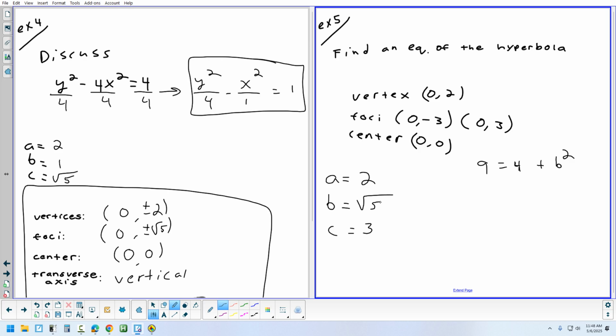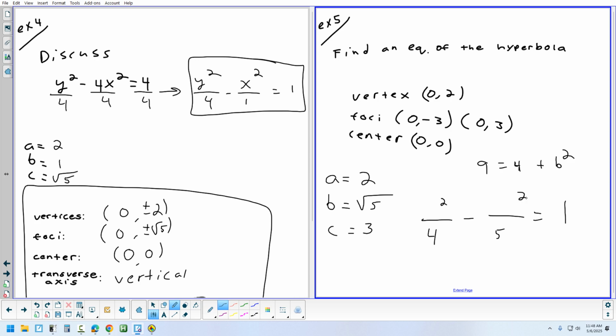Okay, I need to figure out which letter is positive. But for now, I know this is A squared, and I know this is B squared, and I know it's equal to what number? Yep, 1. What I don't know yet is what letter goes where.